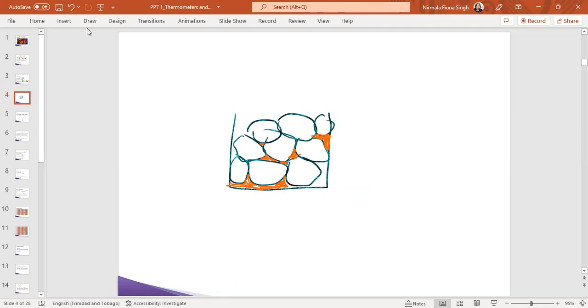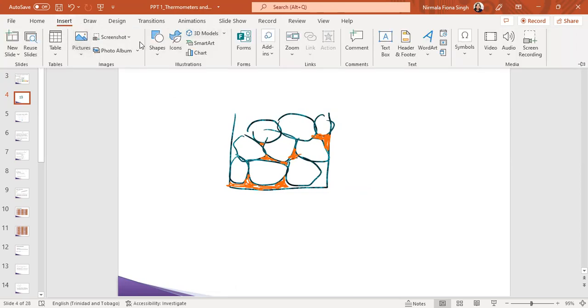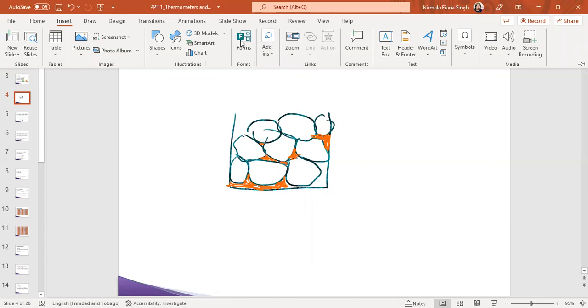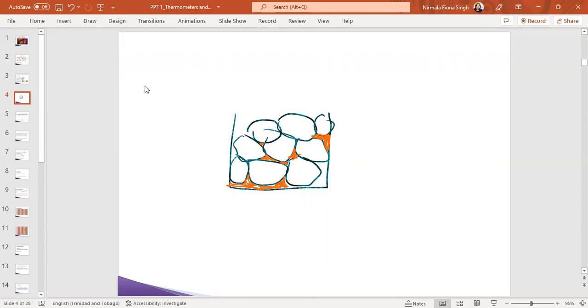So we don't want to put our thermometer in there, because it can end up on the side of a piece of ice and not actually get the temperature of the ice.